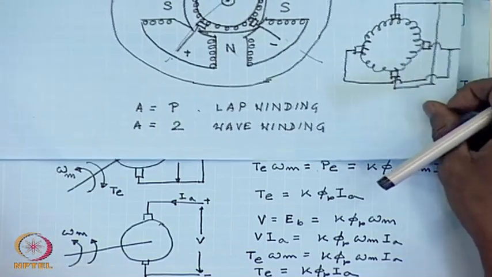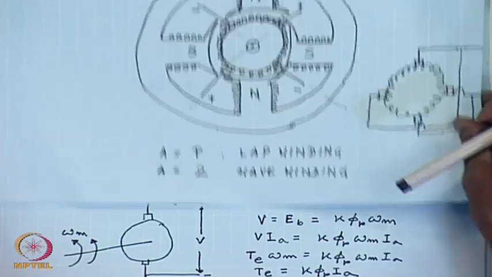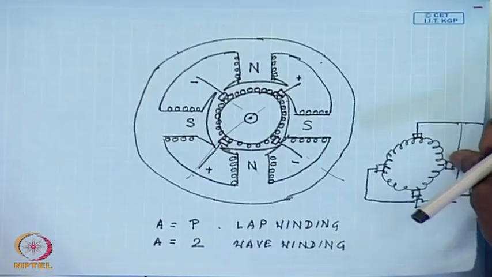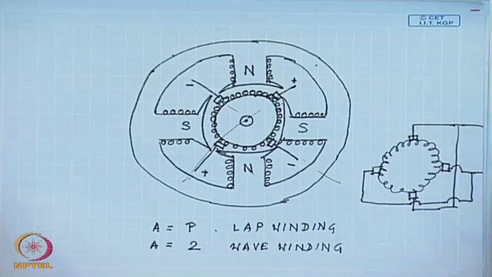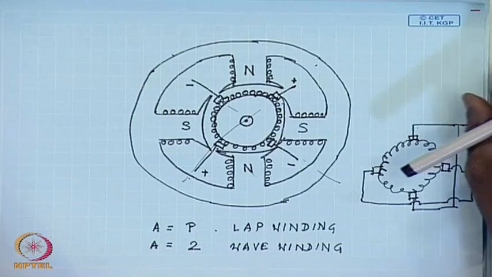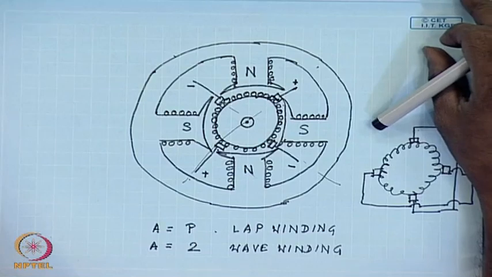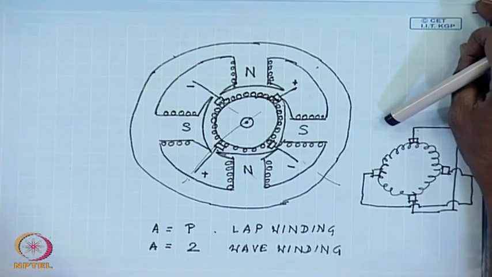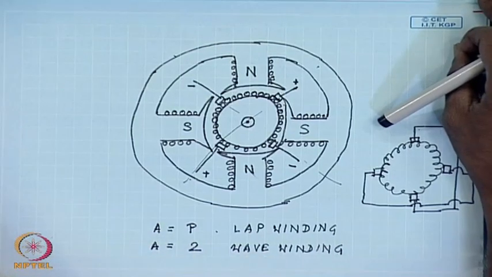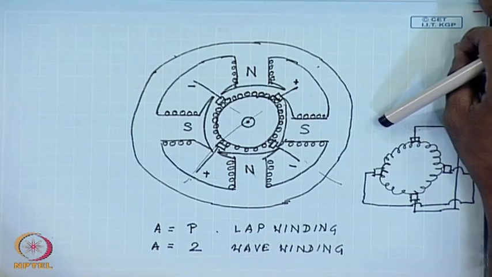In the same manner, we have shown that if a current is allowed to flow in the armature conductors, either by connecting a load in the generating mode or by connecting the armature to a separate voltage source to make it run as a motor, then an electromagnetic torque is generated, the magnitude of which is again proportional to the flux per pole and the armature current in the armature circuit.